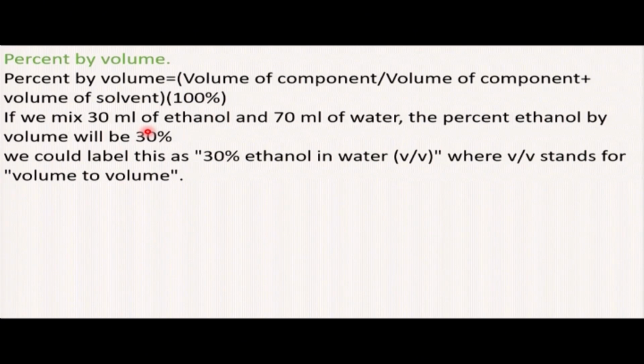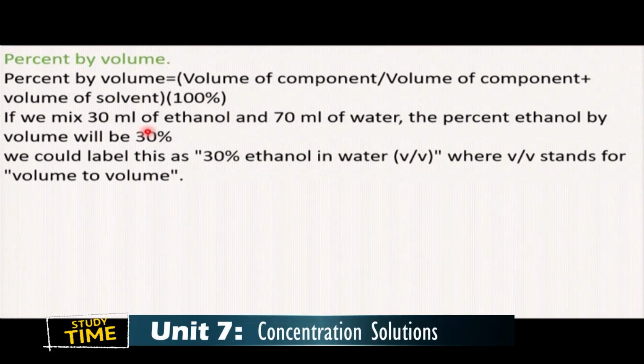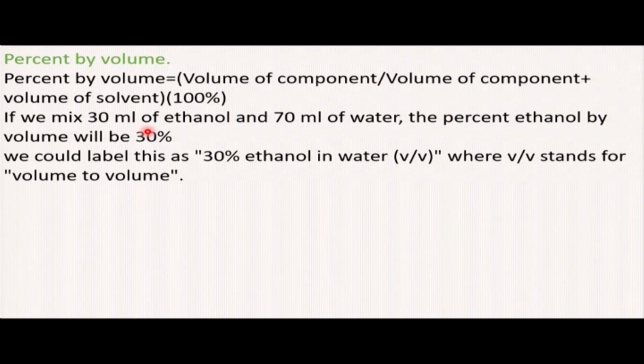Volume percentage will be equal to the volume of the ethanol over the total volume of the whole solution. So we have the volume of the ethanol, then the total volume of the solution.